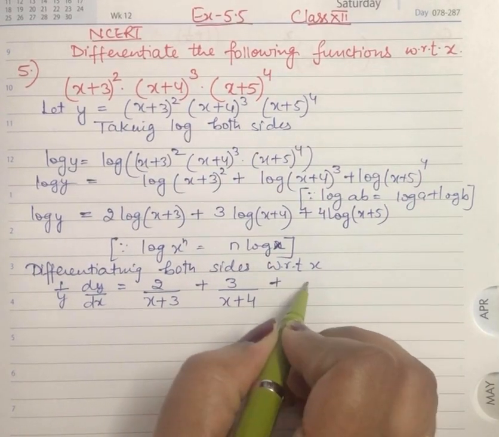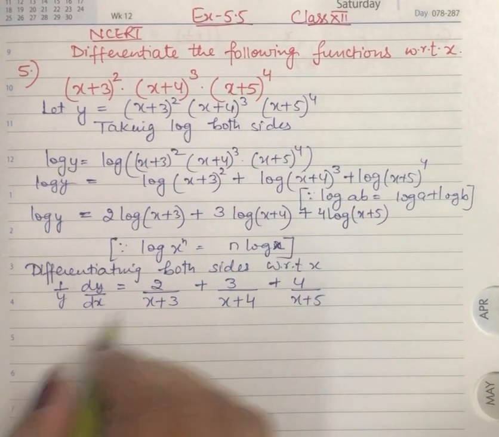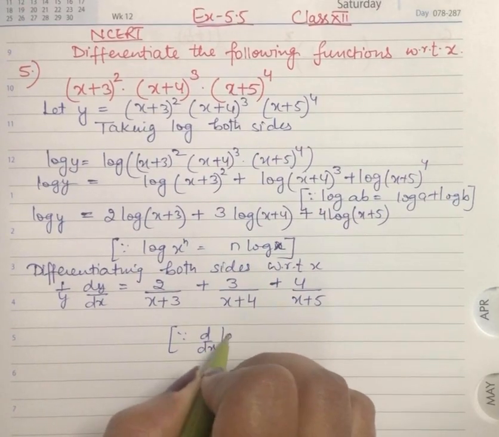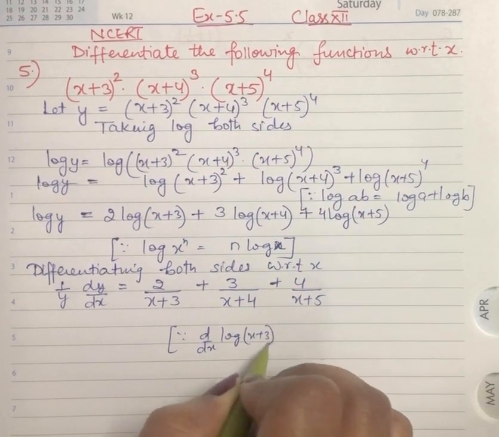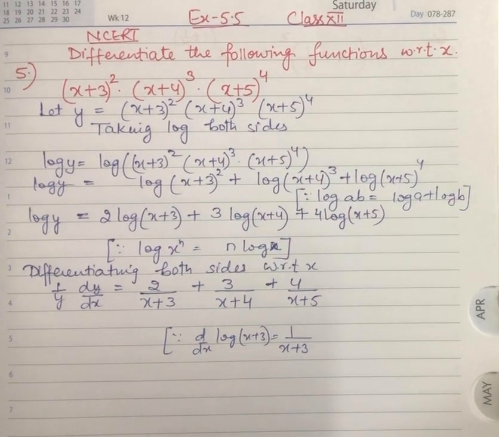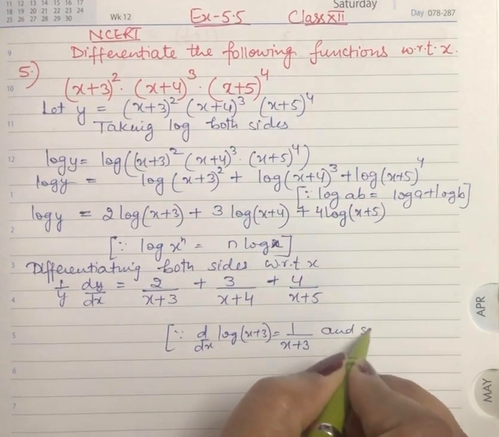And the same way, 4 upon (x plus 5). You can write it here because d by dx of log (x plus 3) is equal to 1 upon (x plus 3) and so on.